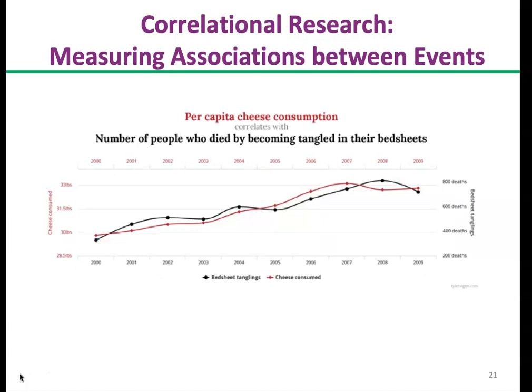So it's important to note that correlations can occur amongst random variables. Okay, this one here shows the number of people who died by becoming tangled in their bed sheets. Okay, so on the left you can see that as the consumption of cheese increased, so did the instances of getting tangled in bed sheets.